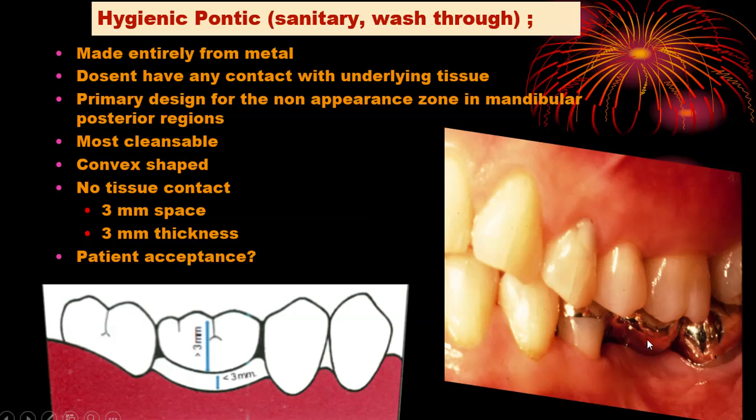There is no tissue contact. Most of the time you need about 3 mm space with 3 mm thickness. يعني لازم عندك space يكفي أقل شيء 6 ملم، 3 ملم للثيكنس of the pontic و 3 ملم للسبيس. والشكل مالته convex under surface، tissue surface convex.